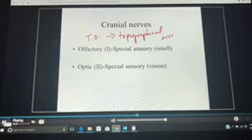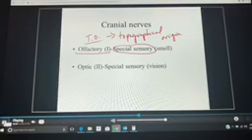Topographical origin of the cranial nerve, or where it exits from the brainstem. So, for example, you have your cranial nerve number 1, which is your olfactory nerve. It is pure sensory, only sensory, for your sense of smell. And this originates from the telencephalon.